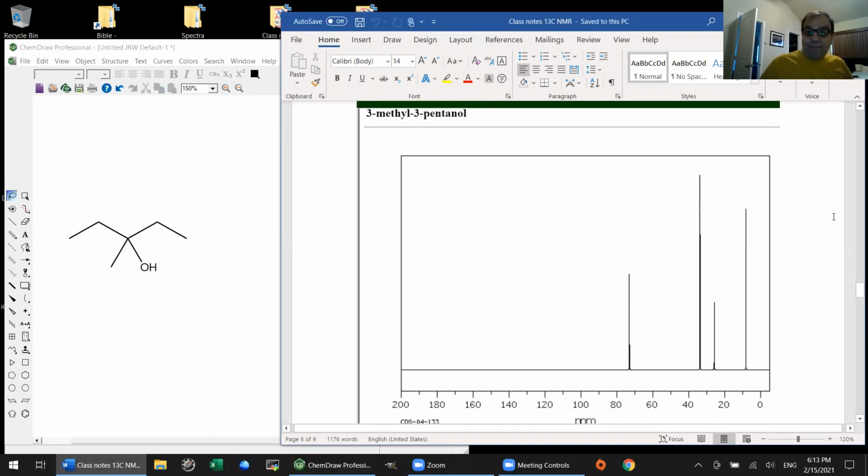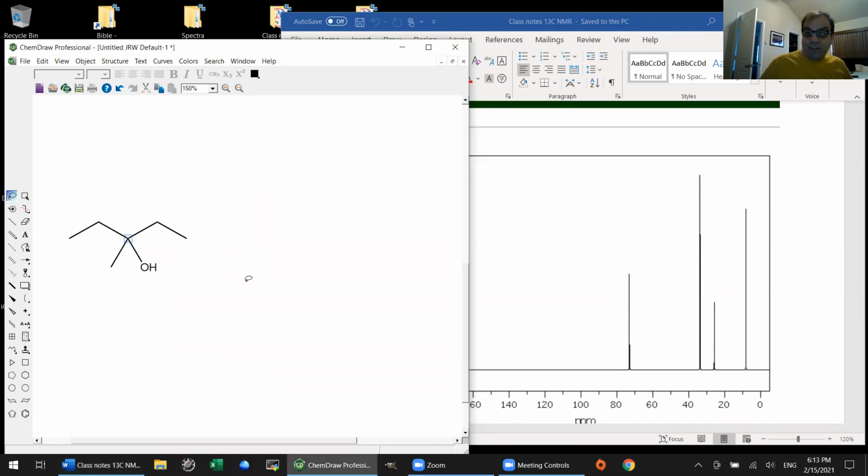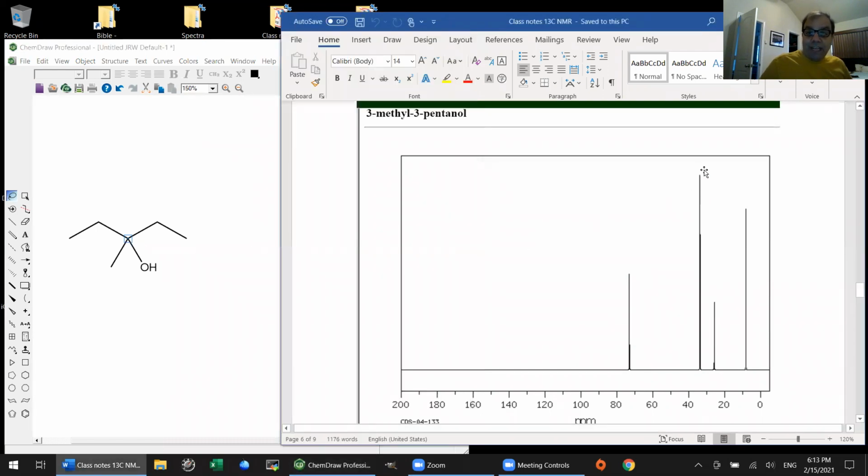I would expect, again, that we'd see the most downfield one being, of course, this carbon here that's directly attached to the oxygen in the OH group. That one's going to be the most deshielded by the oxygen. It is interesting that we see 2 taller peaks and 1 shorter peak.